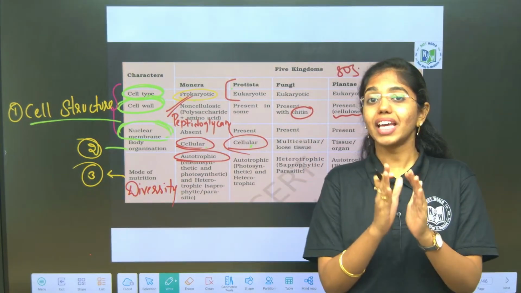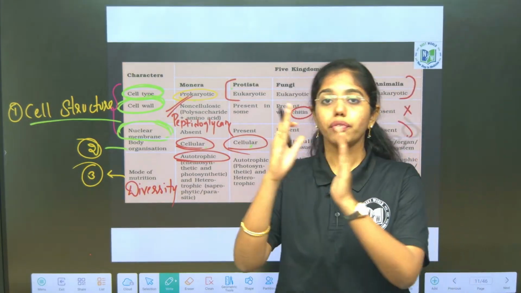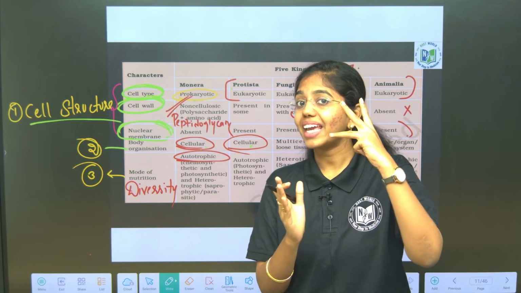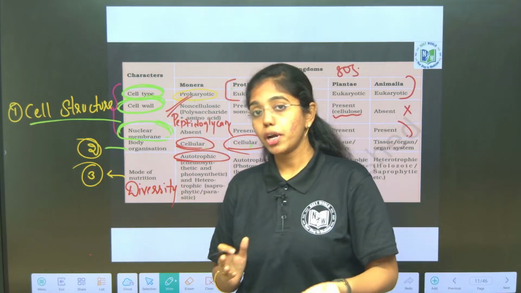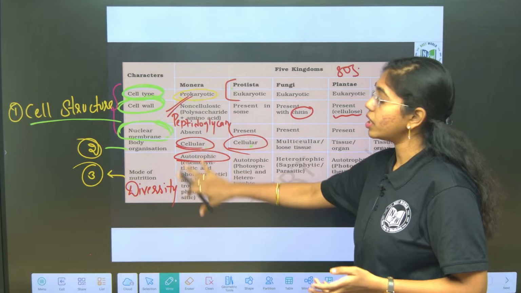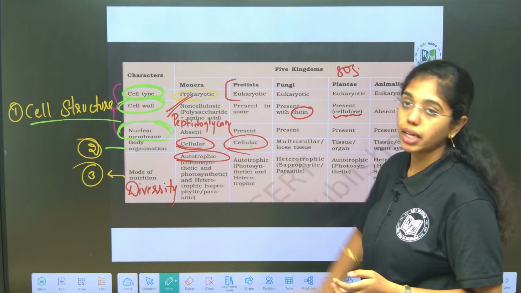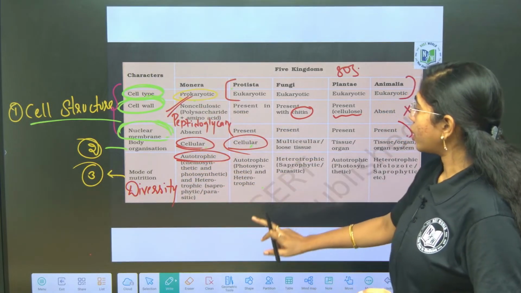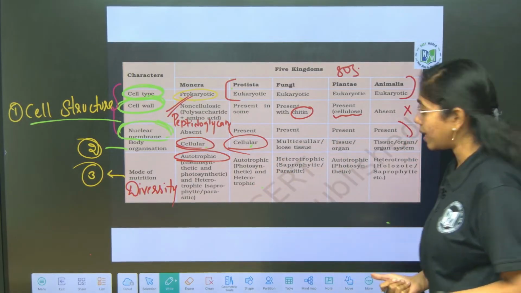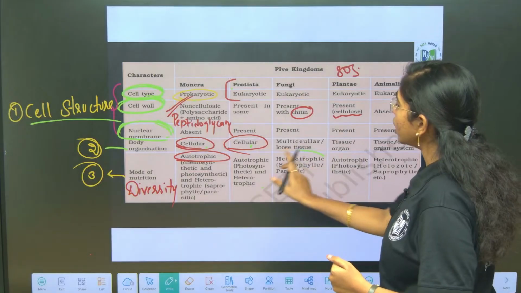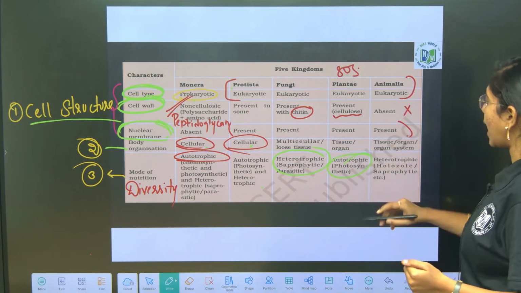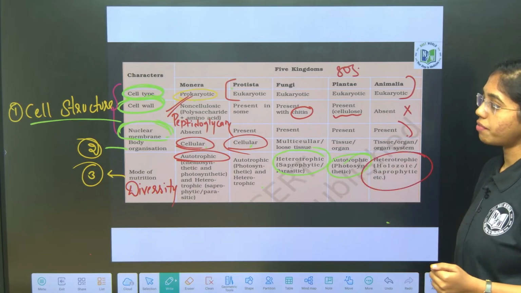In autotrophic you will see photoautotrophic and chemoautotrophic. Heterotrophic again has 3 types: symbiotic, saprophytic and parasitic. As such, you can see diversified mode of nutrition in Monera. Next is Protista, autotrophic and heterotrophic based on plant-like and animal-like protists. In fungi, heterotrophic mode of nutrition, Plantae autotrophic, and Animalia purely heterotrophic.